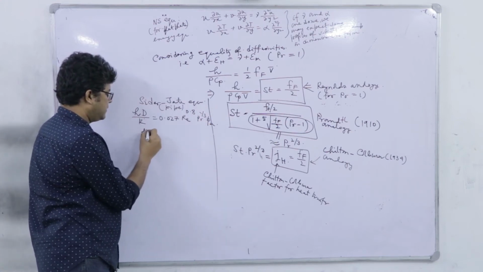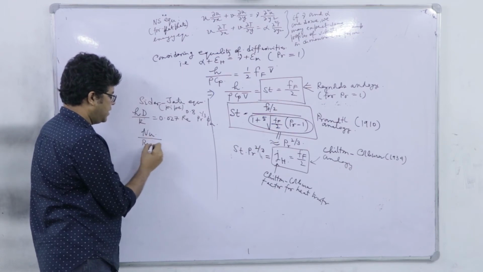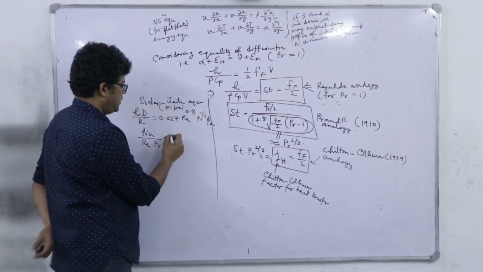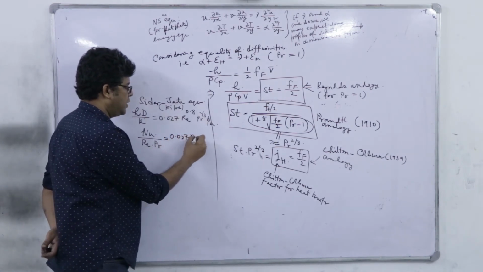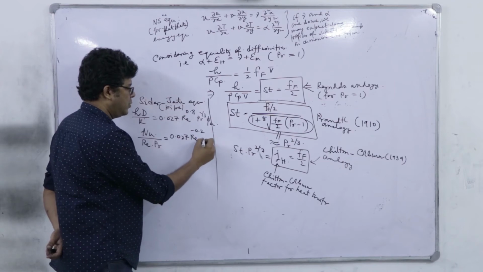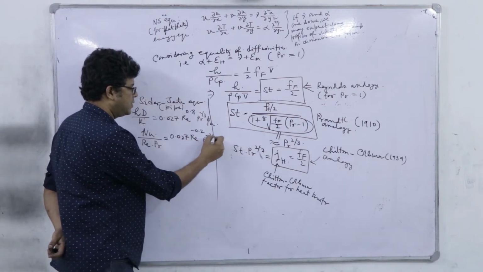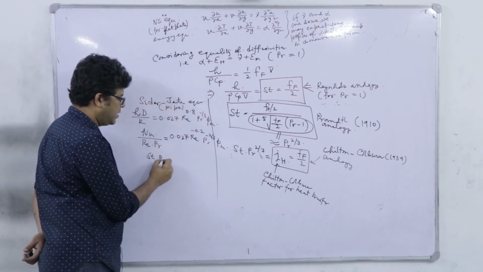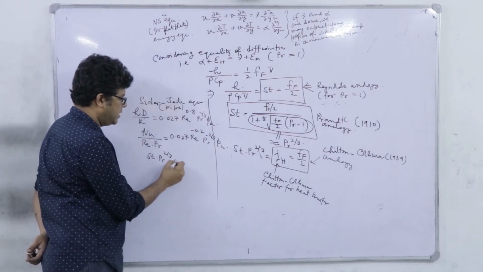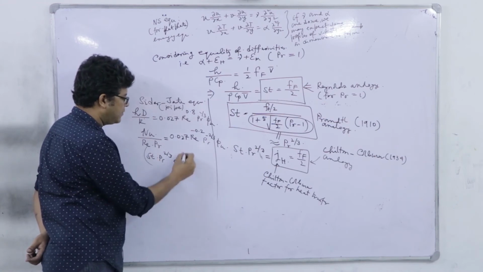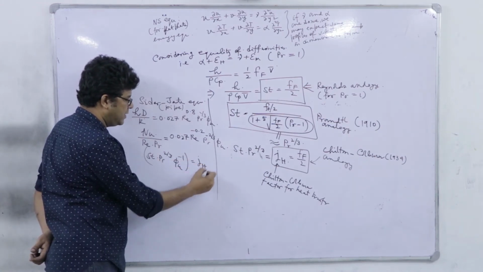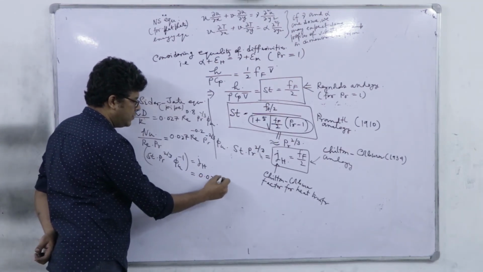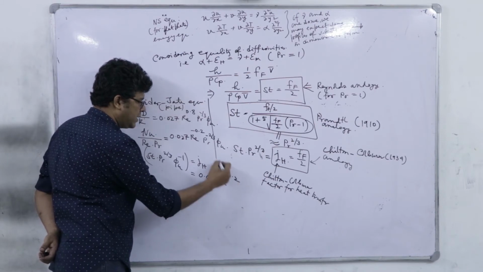If I divide this Nusselt number by Reynolds number into Prandtl number, you get 0.027 into Reynolds number to the power minus 0.2 into Prandtl number to the power minus 2/3 into phi u. So, that is Stanton number. So, Stanton number into Prandtl number to the power 2/3 into phi u inverse, in corrected form, is the Chilton-Colburn factor, and that is equal to 0.027 into Reynolds number to the power minus 0.2.